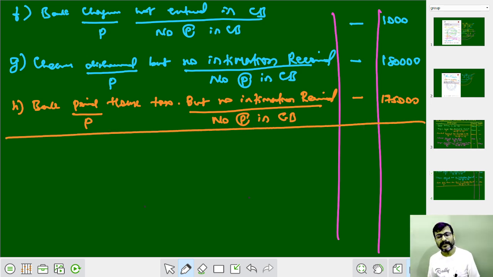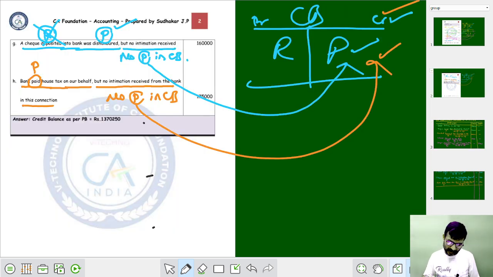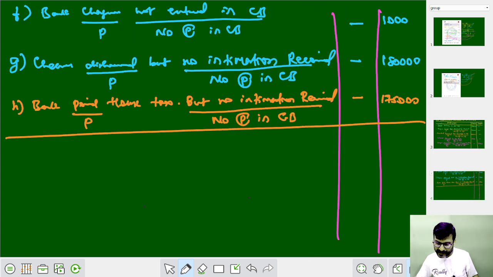My dear kids, this completes the entire problem, because that's all they are telling. We have to prepare a BRS. See, this is the answer of your BRS, that is 13,70,250. Let us see whether we are getting the same answer or not. Take the calculator, work out the total of the debit side. The total of debit comes to 24,76,250.